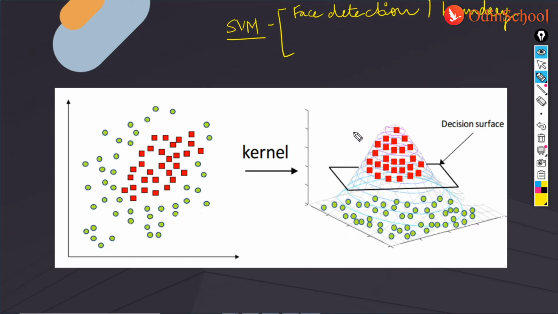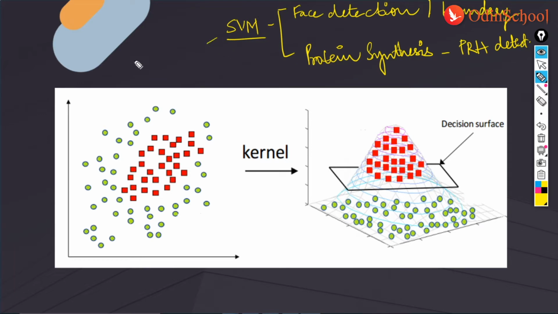Then this can also be used for image classification, or in something like protein synthesis. Now, how would we apply this in protein synthesis? Here you have something called protein remote homology, or I'm not sure if it's homology or hematology. This is something to do with medicine. So we have something called PRH detection. That is where SVM is used.